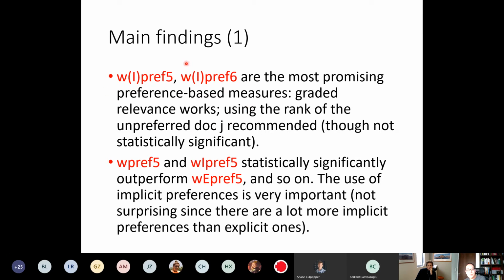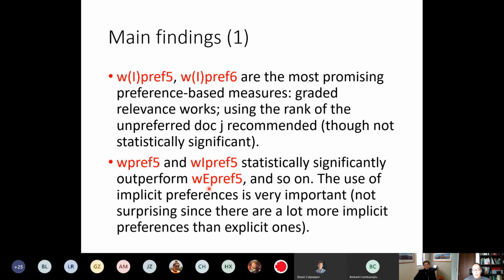Although the differences within this family of measures are not really significant, this is an indication that using graded relevance works even for preference-based measures. And as I said, implicit preferences are more important than explicit preferences, probably because we have more implicit preferences than explicit preferences.